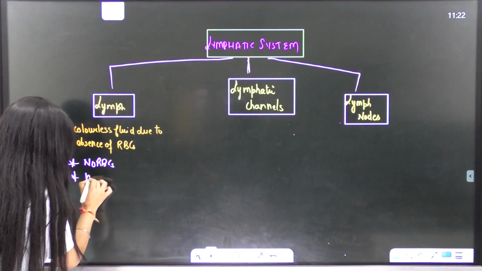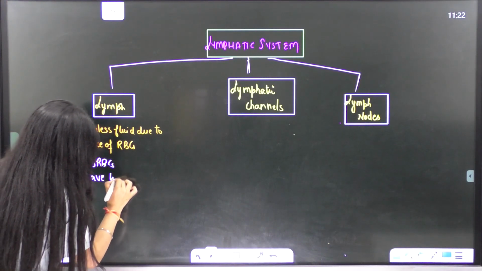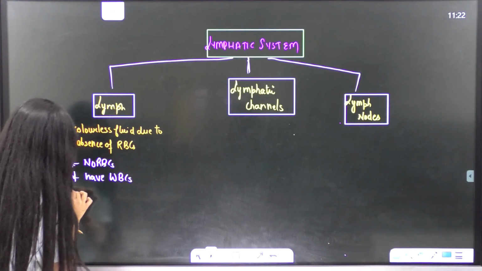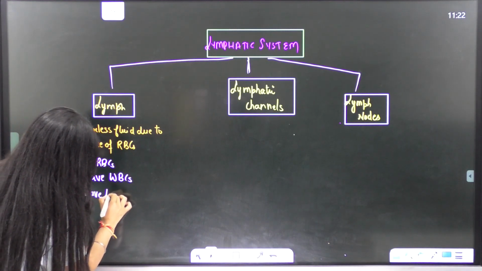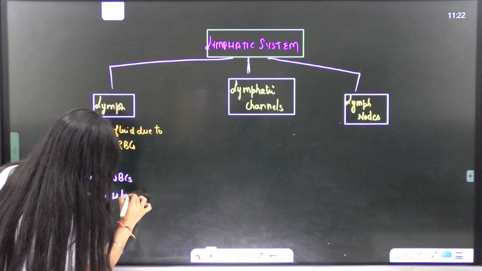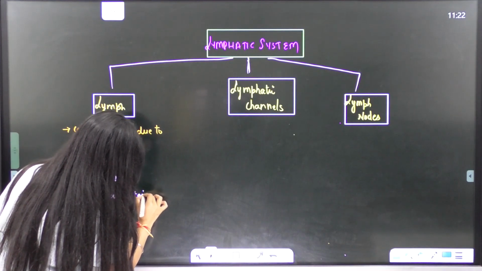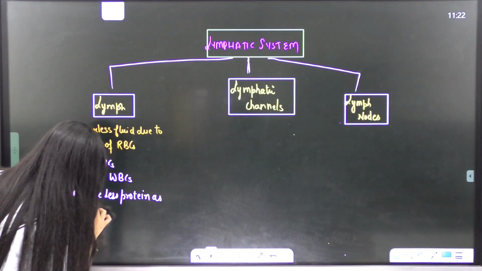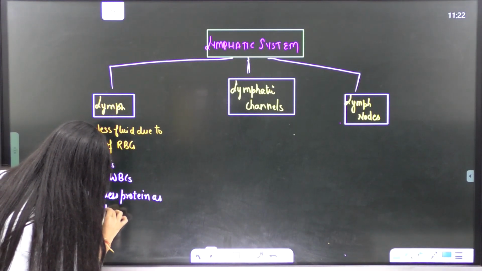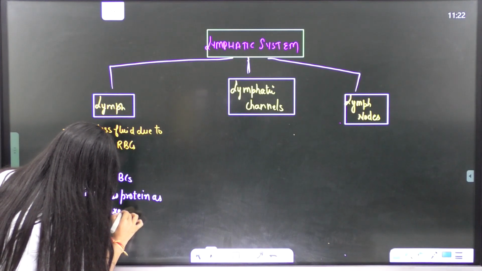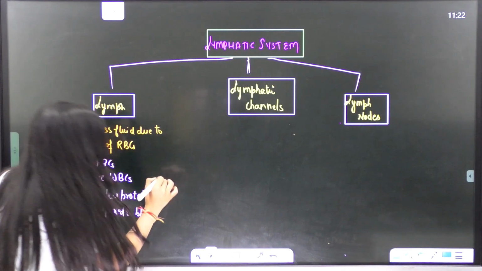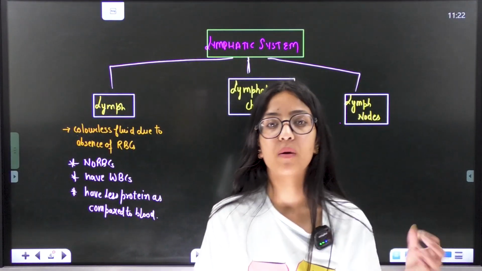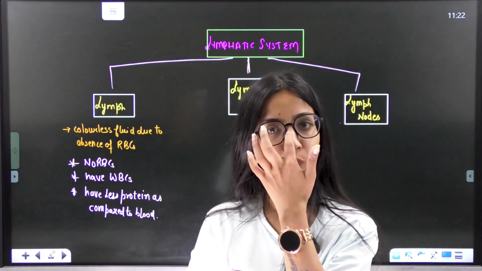But have white blood cells. They have less protein as compared to blood. Only these three points you have to remember about lymph, right?